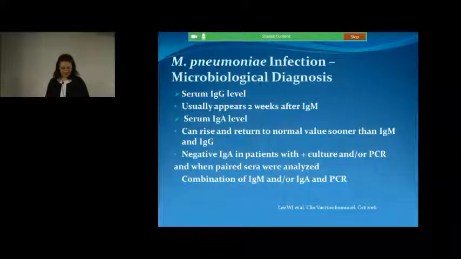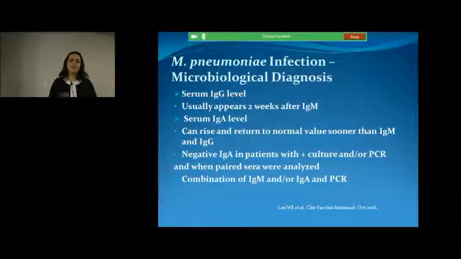IgA started to be evaluated to help with the serological diagnosis of Mycoplasma, because it can rise and return to normal values sooner than the IgM and the IgG.